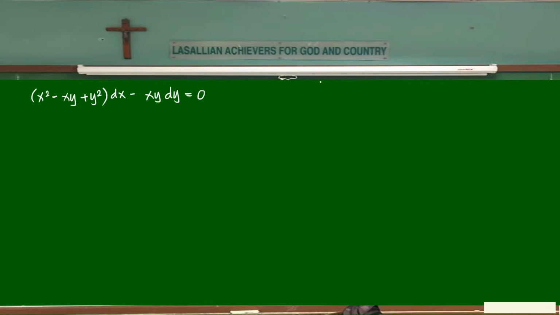Now look here. What is your M? x squared minus xy plus y squared. Therefore, your N is negative xy, right?